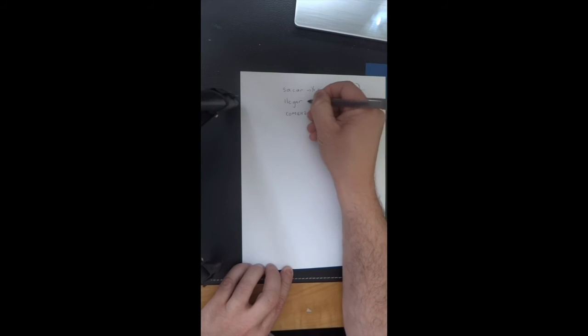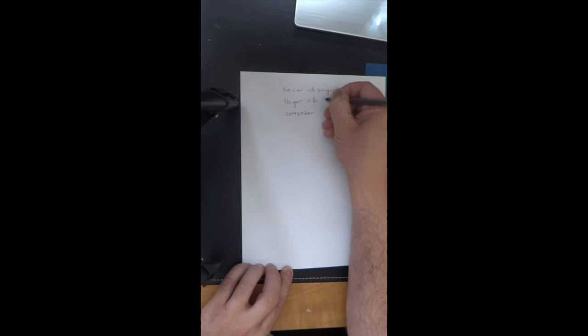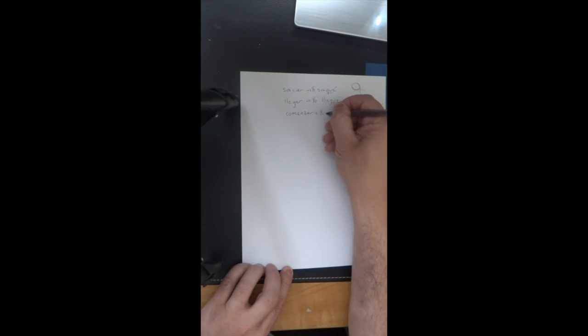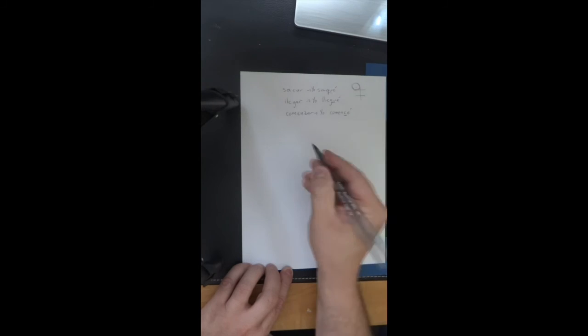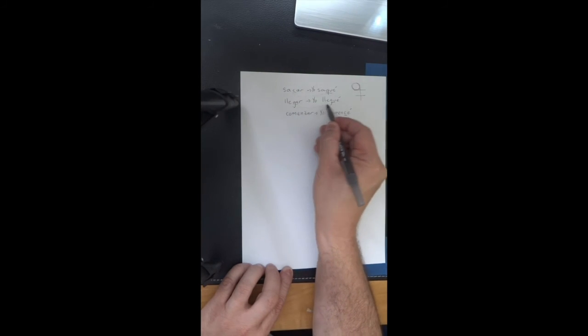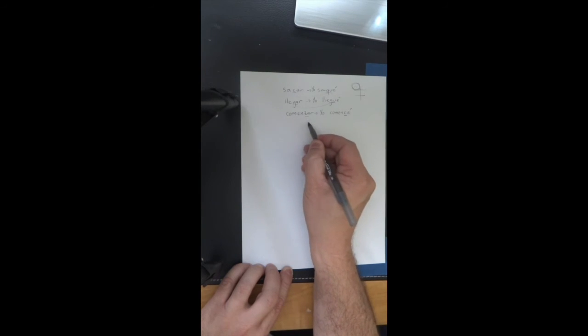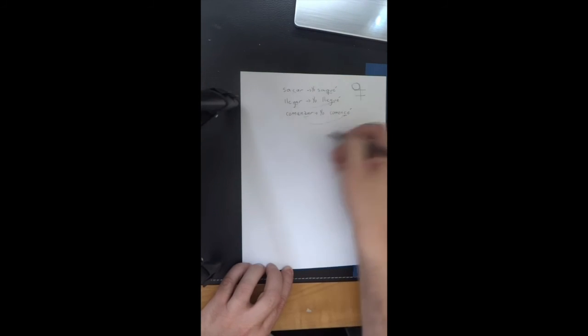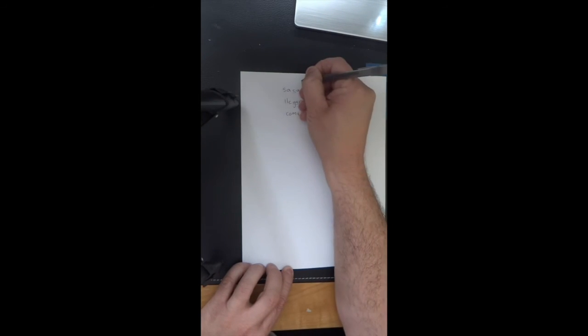Llegar changes to llegué, right? And comenzar changes to comencé. Remember the changes? C to QU, G to GU, and the Z to C. Okay? So that is pretérito. This is review.